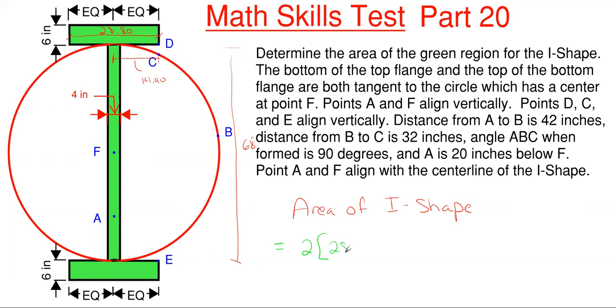So it'd be 28.80 inches times 6 inches, plus the area of my vertical web, which will be 4 inches times 68 inches. And this gives me a total area for my eye shape of 617.6 inches squared. Of course, there is some rounding in there.